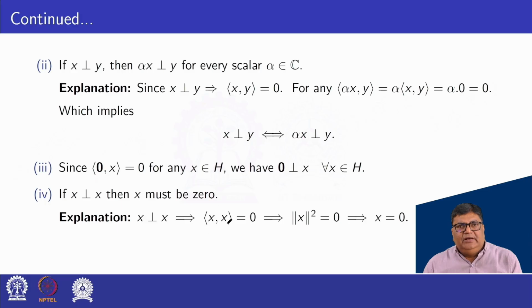The inner product of x, x is the norm of x squared. That is, the norm of x squared is equal to 0. This implies that x is equal to 0, because the norm of x is equal to 0 if and only if x is equal to 0. So if x perpendicular x, then x must be 0.